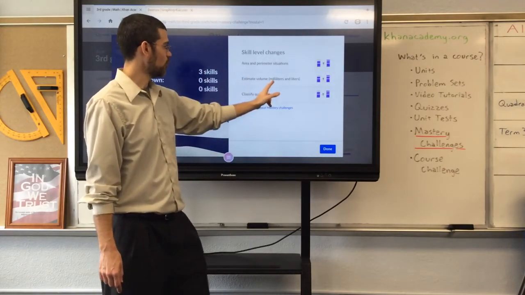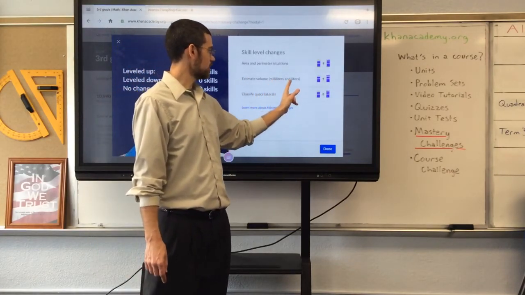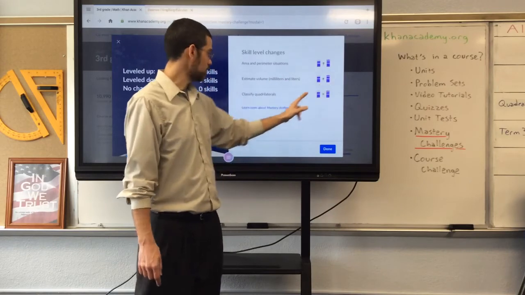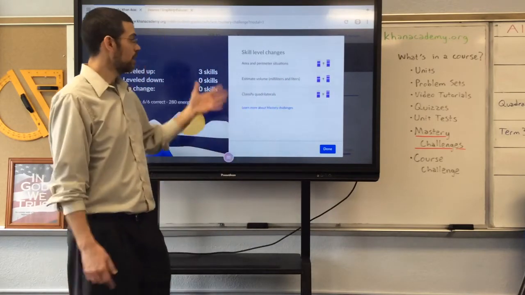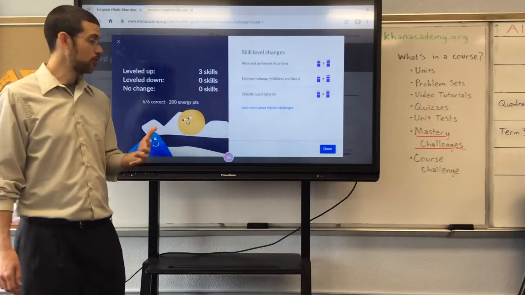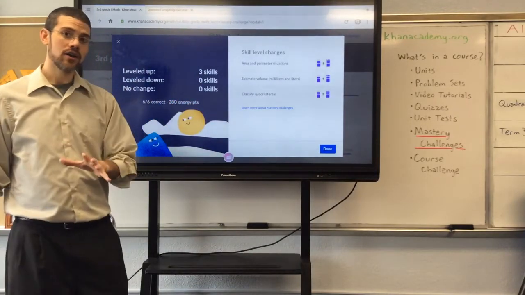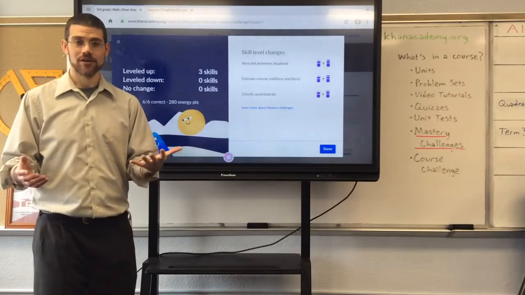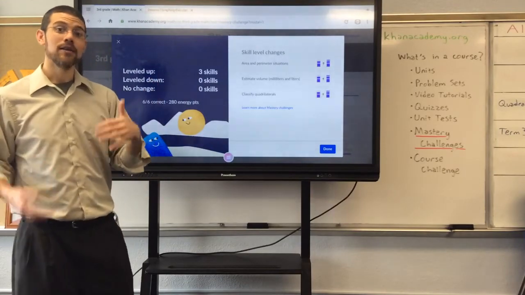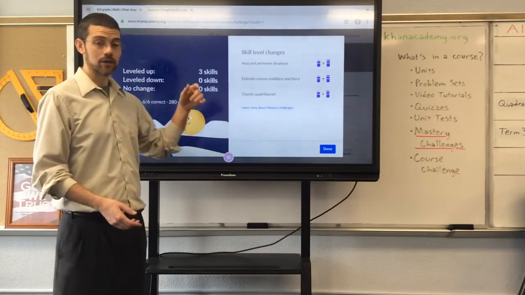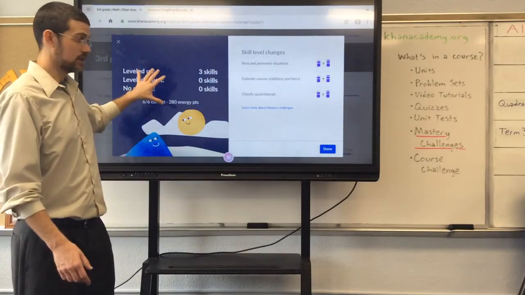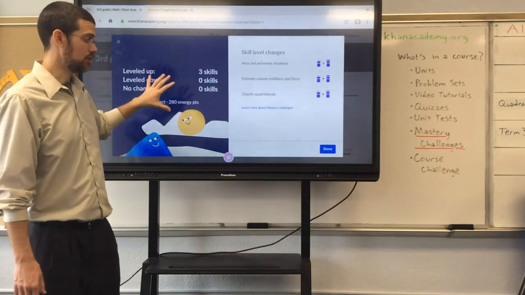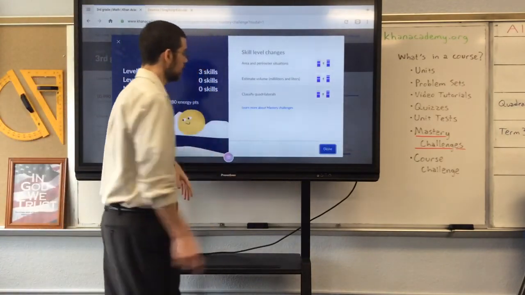On estimating volume from milliliters and liters, that also went from 80 to 100, and from classifying quadrilaterals went 80 to 100. They will sometimes give you skills that are already at 100. Now it can't get better than 100 out of 100, but you can maintain it by getting one or both problems correct on this mastery challenge situation. And we're done.